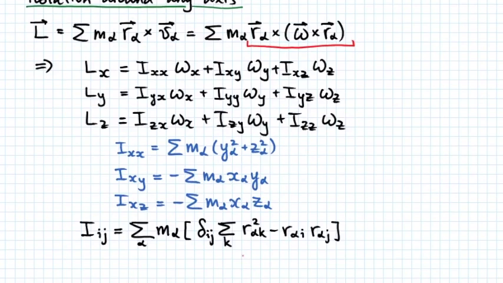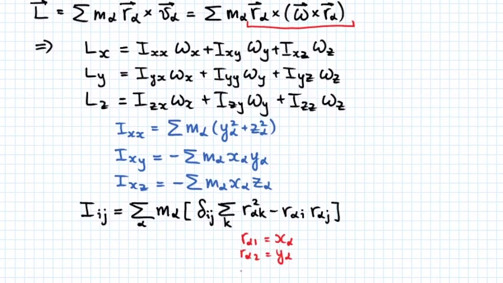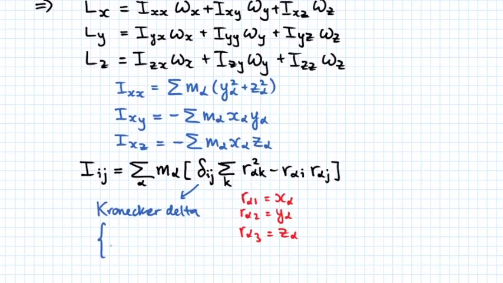Obviously, in my notation r alpha 1 is x alpha, r alpha 2 is y alpha, and r alpha 3 is z alpha. Kronecker's delta is defined such that it's 0 whenever the indices are different, and it's 1 whenever they are the same.